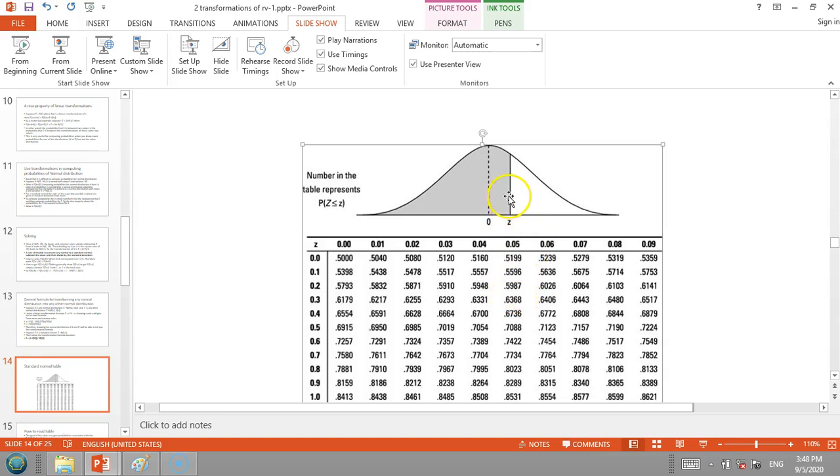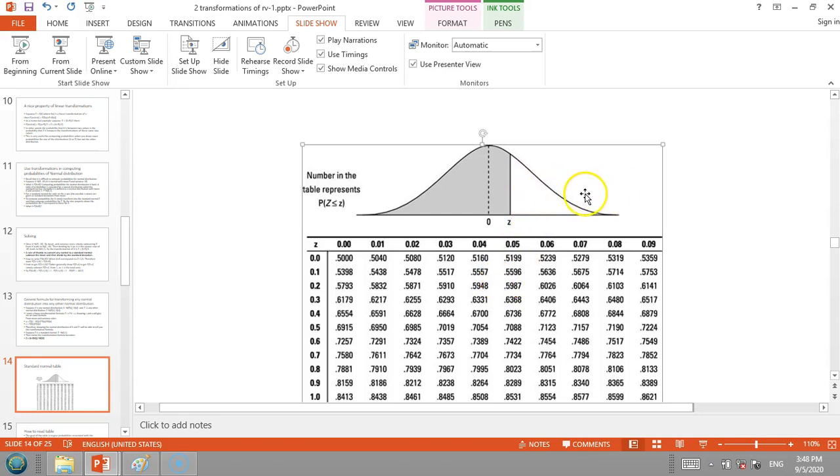0.5987. So the probability on the left of 0.25, that area is 0.5987. Okay, so the probability that I get a z that's bigger than 0.25 is 1 minus 0.5987, which is going to be around 0.4013.